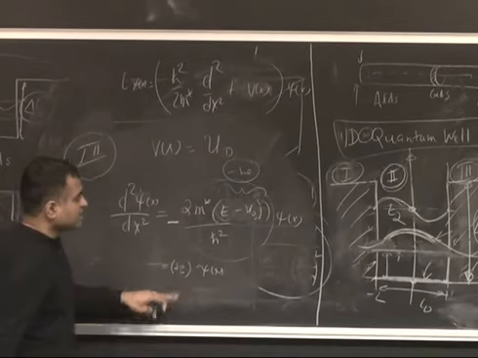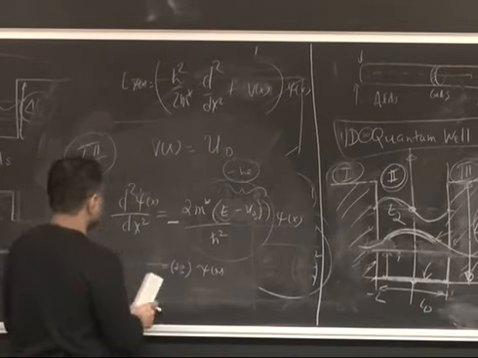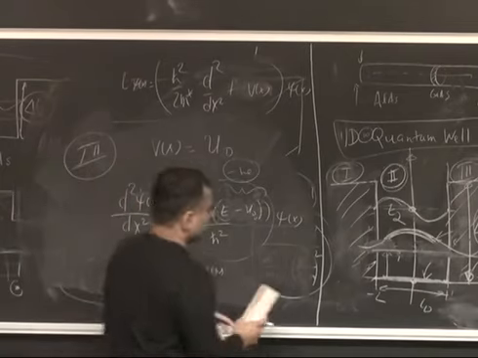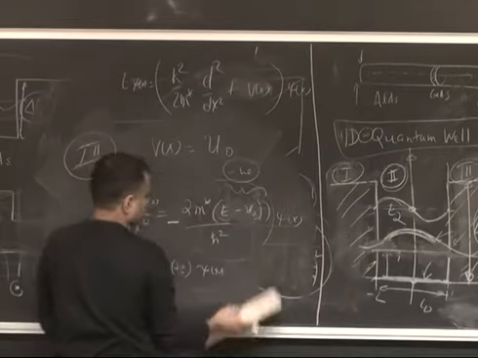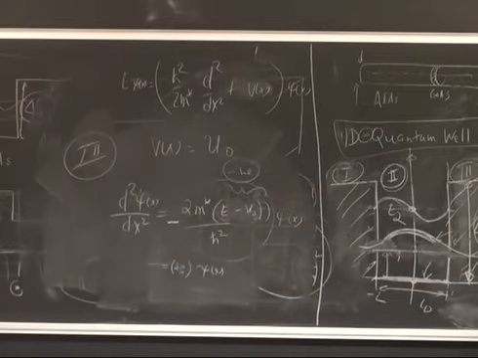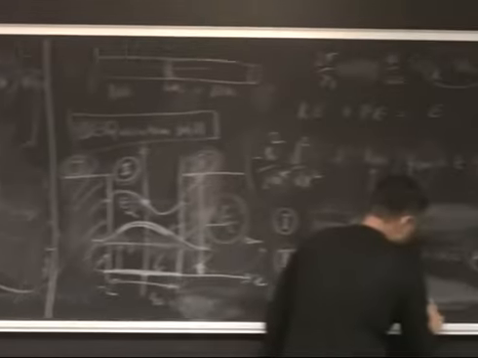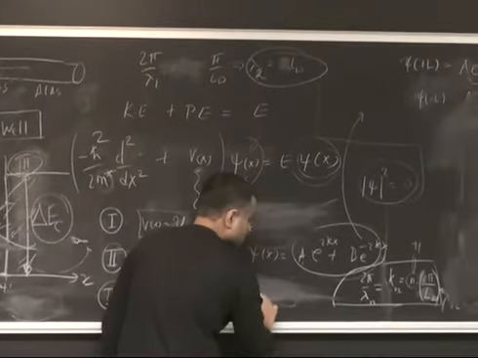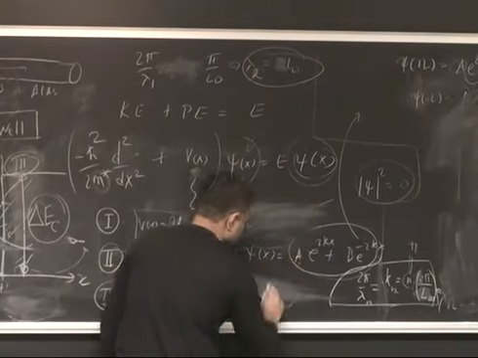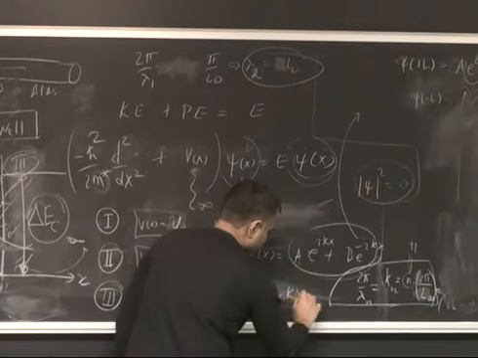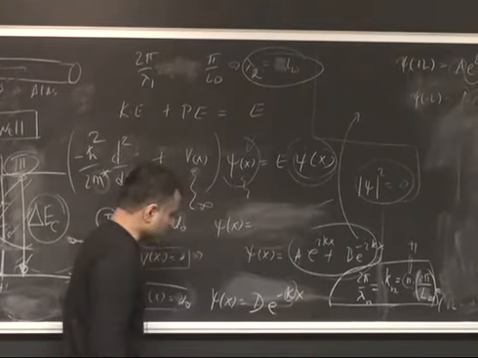So from here itself, you can write that the wave function in region 3 must be equal to some constant, let's say D, times e to the power minus kappa x, where there's no e to the power i anymore.